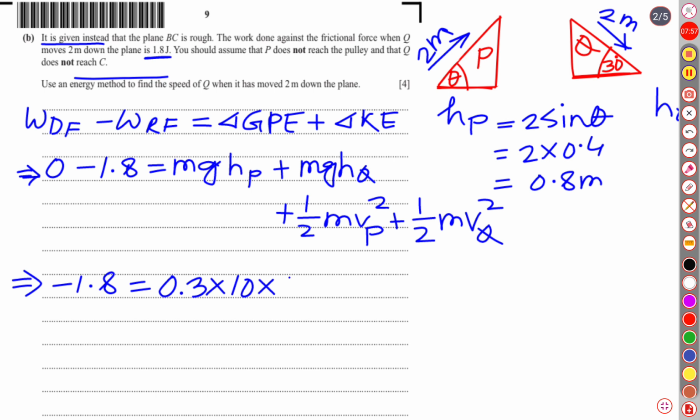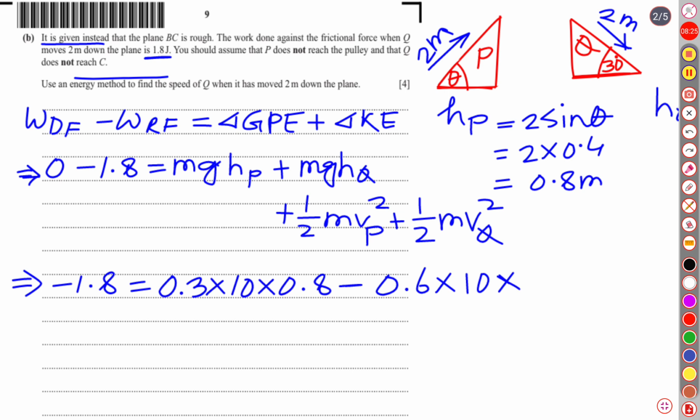So let us write 0.8 plus mass of particle Q, which is, it should not be plus in between them, it will be minus. Let me explain why it should be minus. So mass of particle Q is 0.6, acceleration due to gravity is 10, and height, that means the difference between the initial and final height.